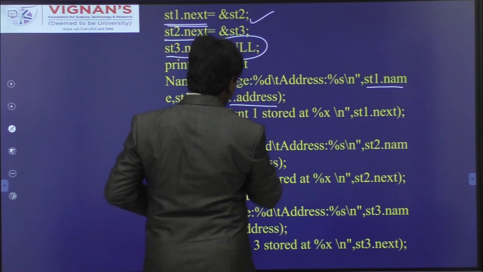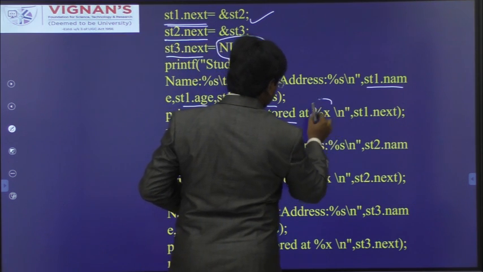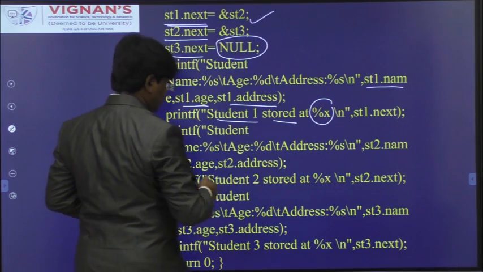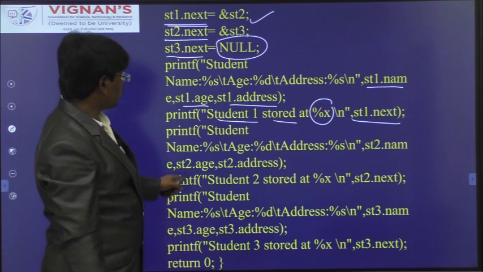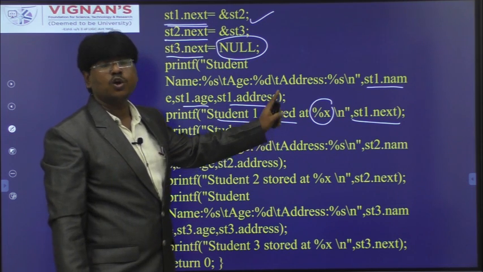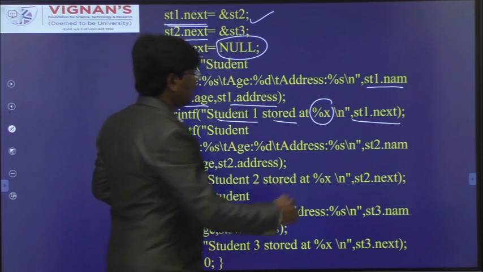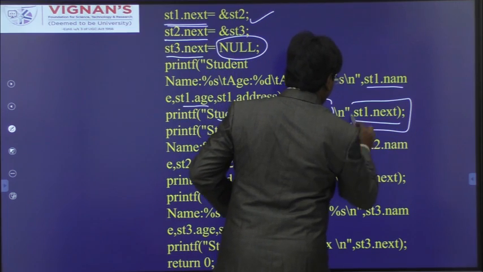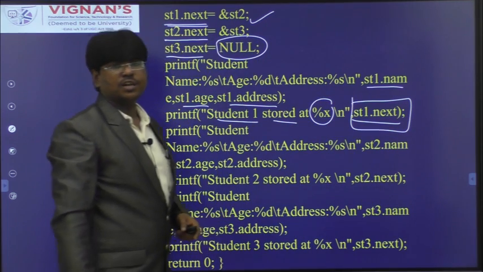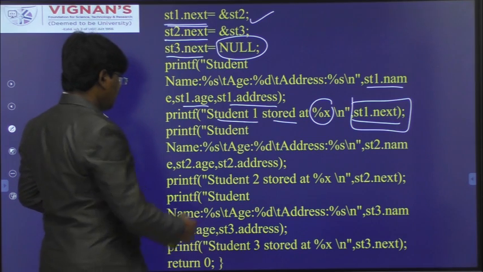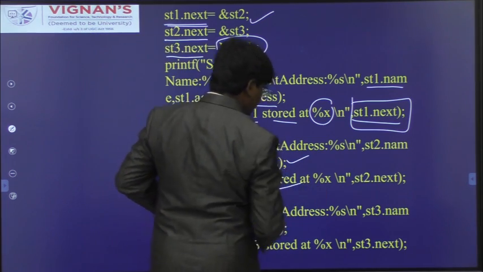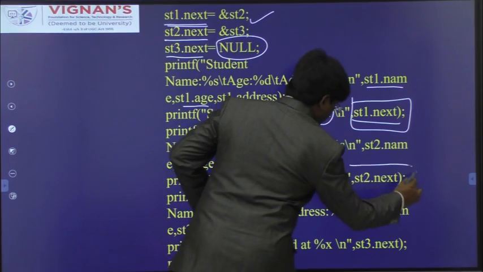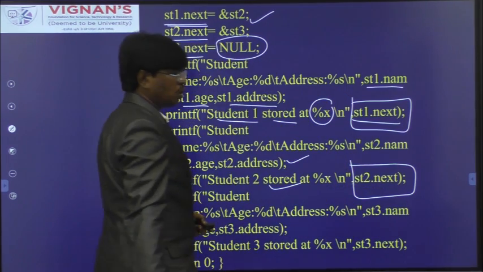Okay, so here student one is stored at which location? I am printing that location. You can see in the output, with the help of st1.next. Where this particular student one is stored, that memory location, I am printing with the help of the pointer I have declared in the self-referential structure. Okay, and I am printing student 2 details again, and where student 2 is pointed I have declared with the help of st2.next.